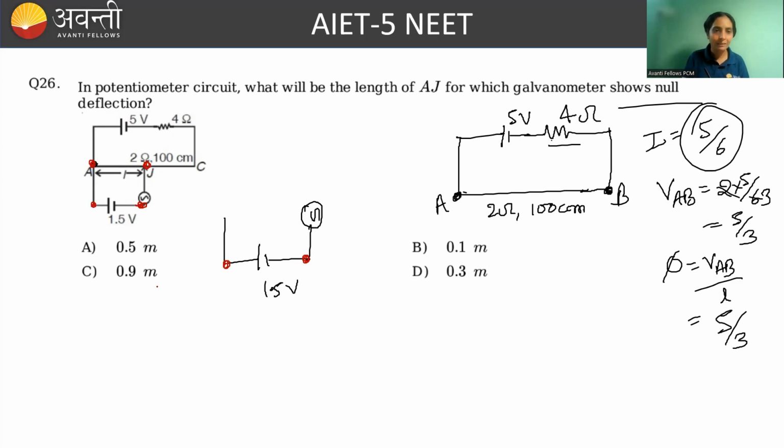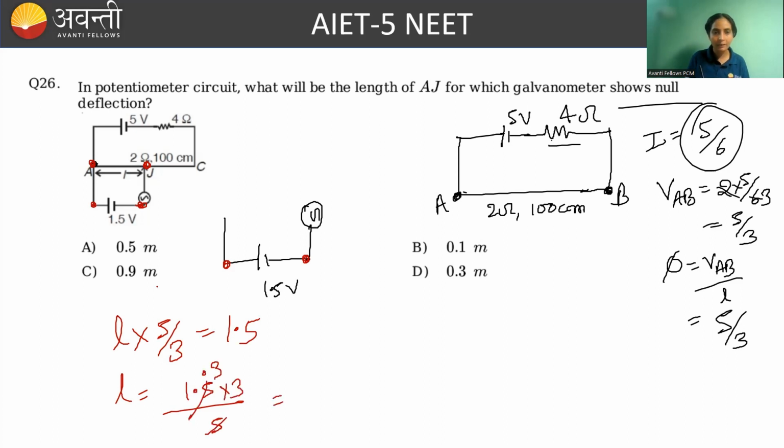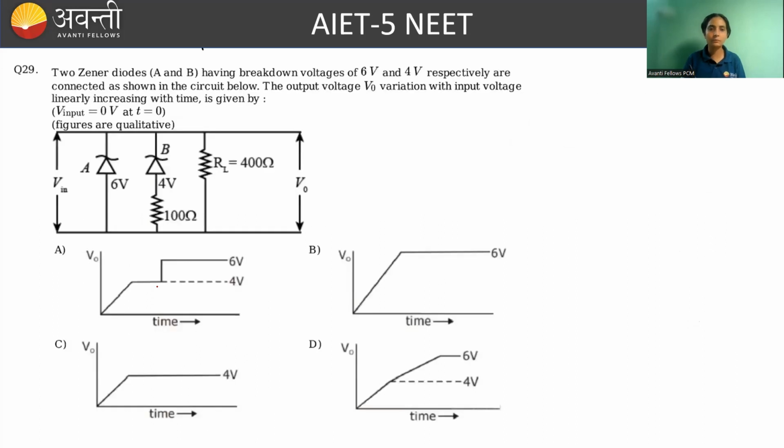Now let's say the length of AJ is L. So L into potential gradient, that is 5 by 3, must be equal to 1.5. Now let's calculate it. L will be equal to 1.5 into 3 by 5. So this is 0.3 and this is equal to 0.9 meter. So answer will be what? 0.9 meter. Correct answer is C. I hope it is clear.